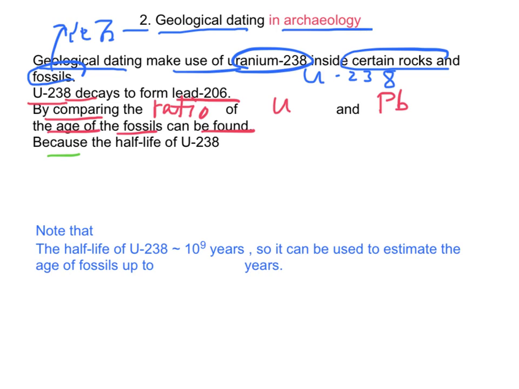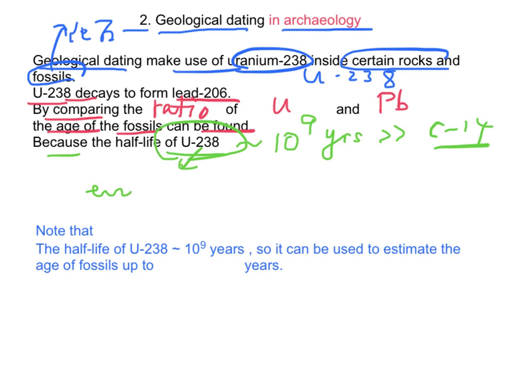Because the half-life of uranium-238 is approximately of the order of 10 to the power 9 years, which is much longer than the half-life of carbon-14, therefore, uranium-238 can be used to find the evolution of life and our geological history of the planet.